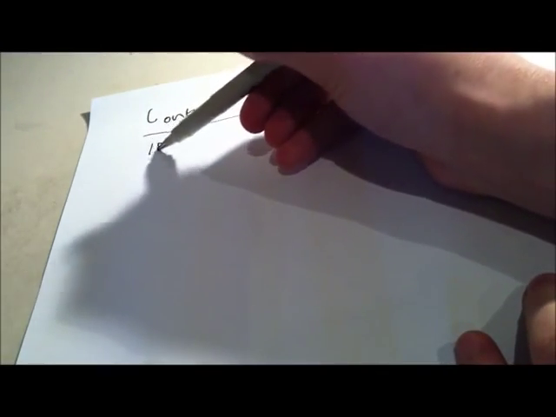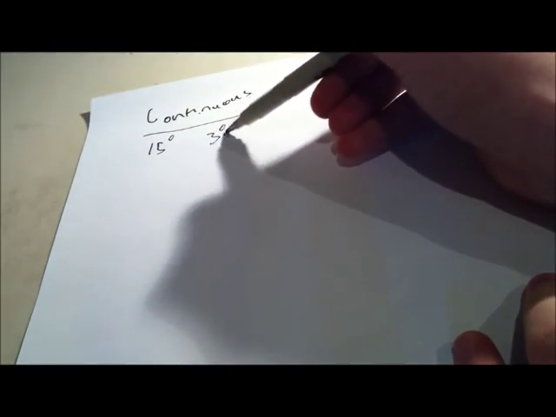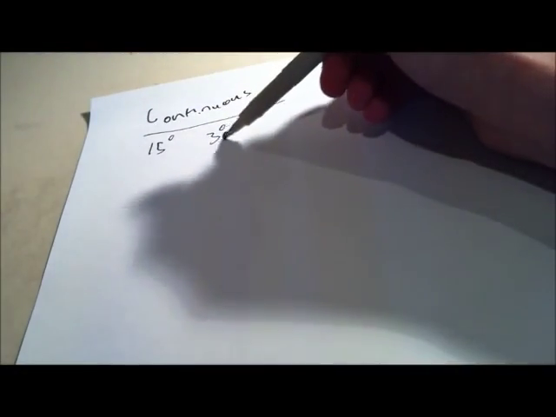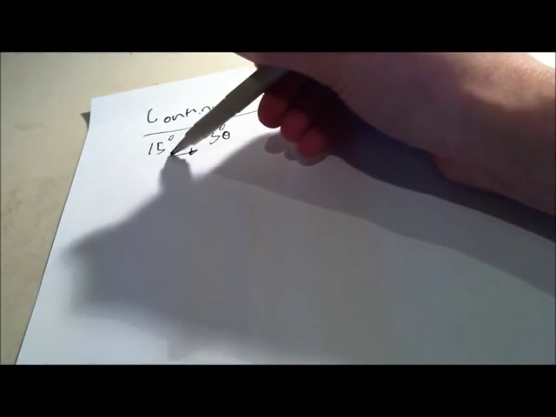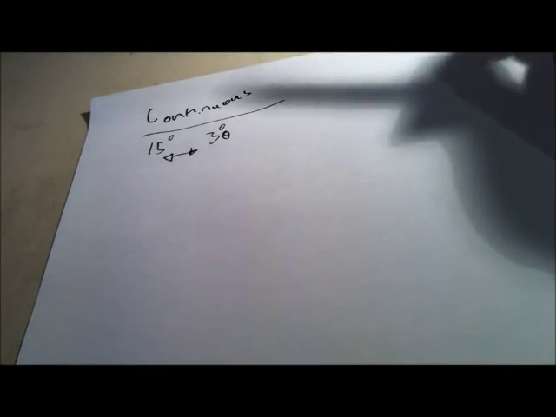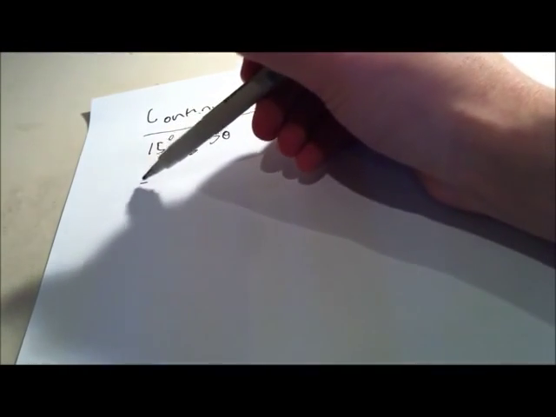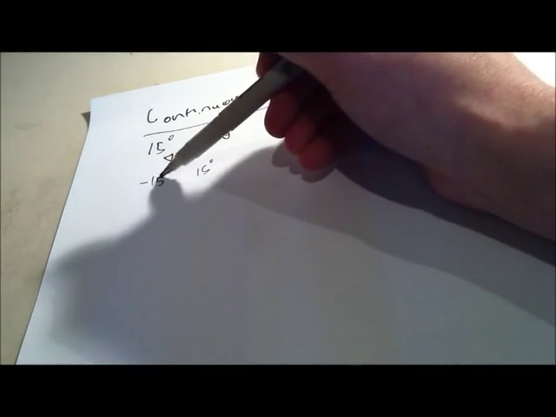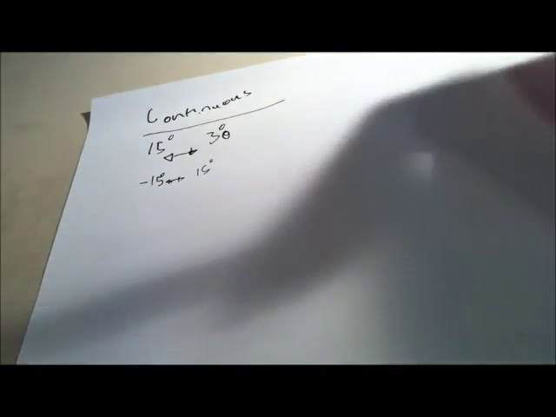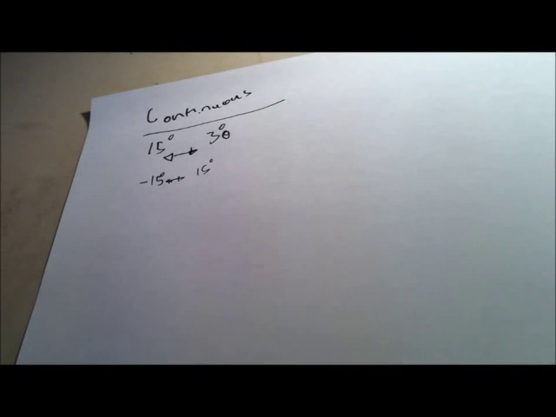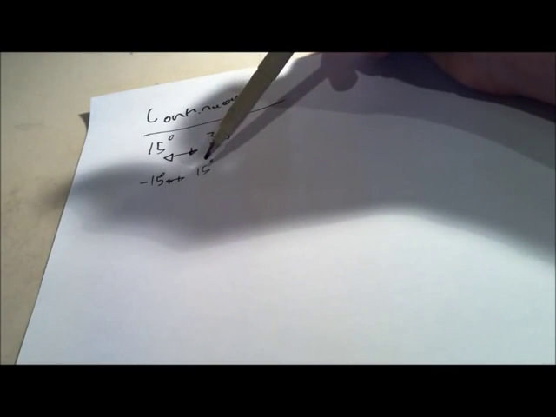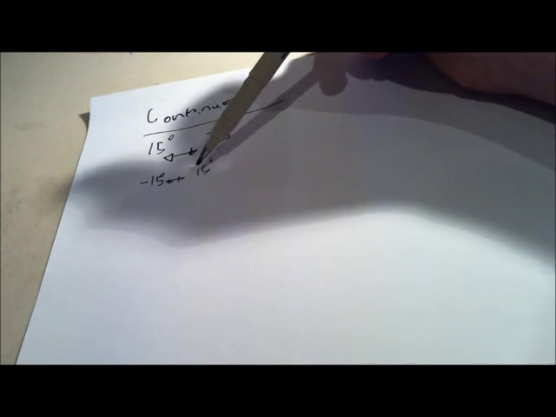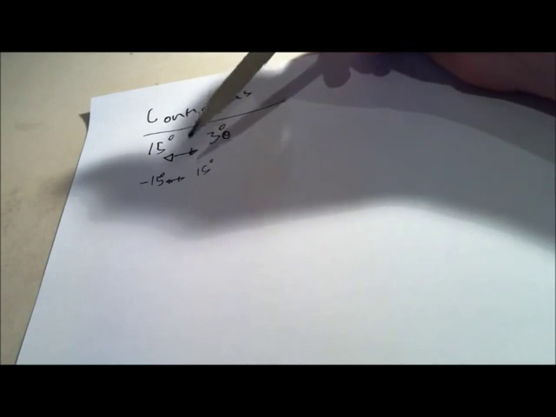With temperature, the difference between 15 degrees and 30 degrees, we can say is 15 units of temperature difference. And the difference between negative 15 and 15 degrees is 30 units of temperature difference. However, you can't make any multiplication.